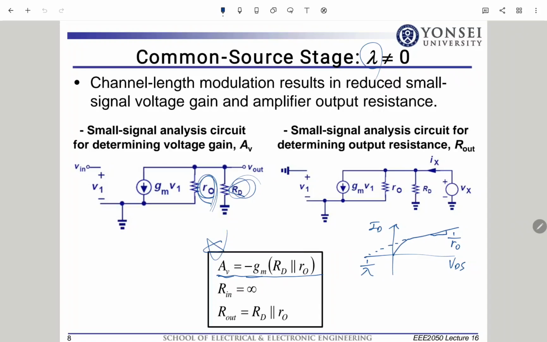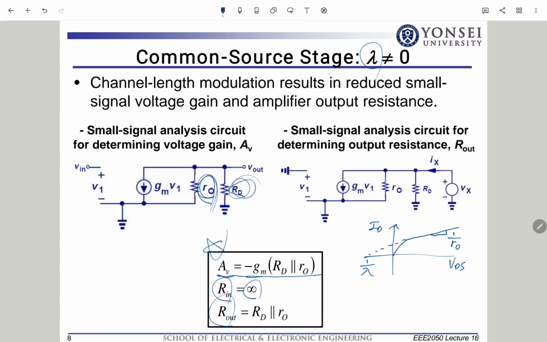RD and Gm are the same, so the first one is bigger, unless R naught is infinite. So R naught degrades the gain. Now, what is R in? R in still remains infinite.